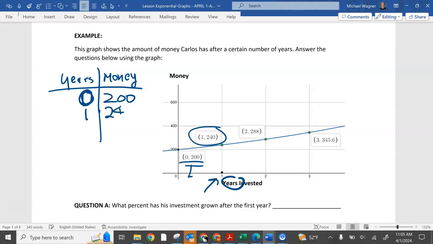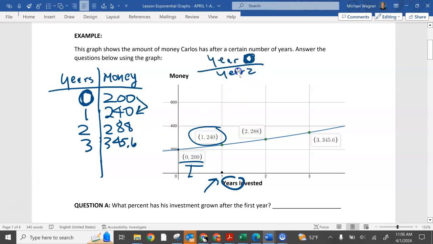That's 240. 2 years, 288. 3 years, 345.6. Okay. Then we're going to see how it grows from here to here. So we go year 1 divided by year 2 equals the growth.